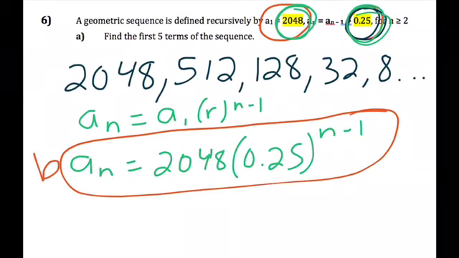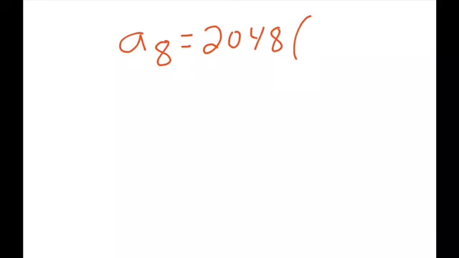Part C wants us to find the 8th term. So to find the 8th term, we're going to go ahead and plug 8 in for n. So a sub 8 equals 2048 times 0.25 to the power of (8 subtract 1).